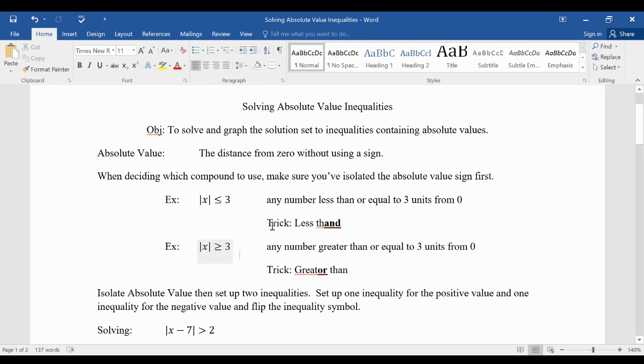So my trick is I'm going to read this as a less than sign, and this is going to be a connected conjunction graph. If I've isolated this absolute value, okay, I've moved everything to the opposite side, and now my absolute value has a greater than. So that means we need to be further than 3 units from 0 or from the middle, okay? Then what we're going to use is we're going to read this as the absolute value is greater than.